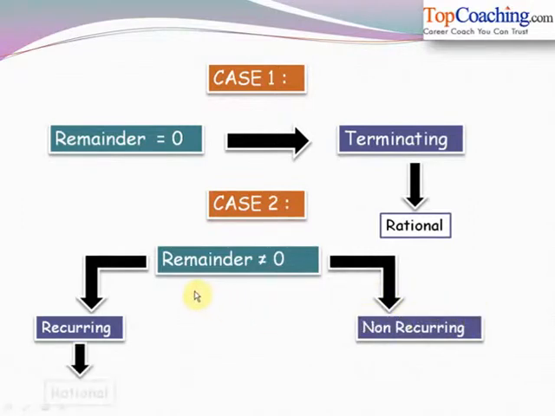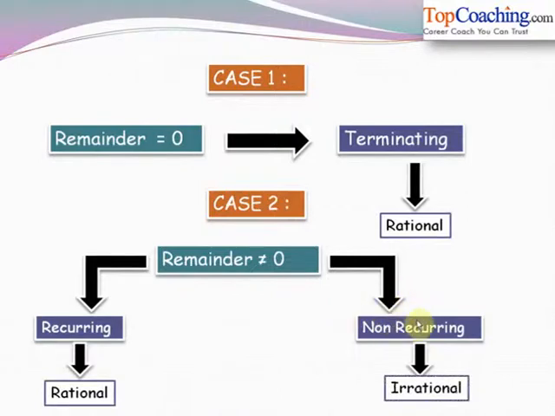Whenever it's a recurring decimal, it is a rational number, and when it's a non-recurring decimal, then it's an irrational number. So earlier also we have seen this flow chart: whenever the remainder is 0, then it's a terminating decimal, and all the terminating decimals are rational numbers. Second case would be remainder is not equal to 0, so we do not get a remainder equal to 0 at any stage of division. But for that again there are two cases.